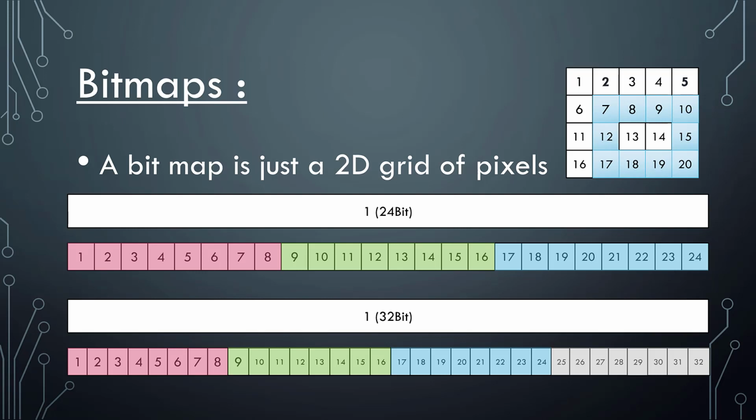So each channel represents a certain light color, red, green, and blue, and then the combination of those can produce a pixel on the screen or in a bitmap, in a file that contains an image comprising these two-dimensional pixel grids.